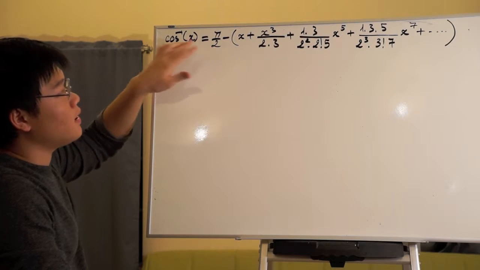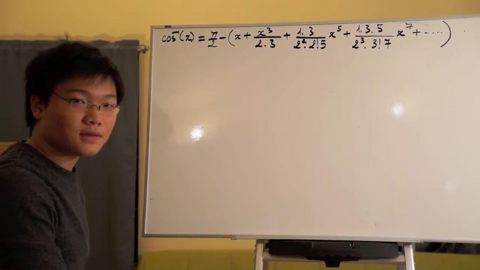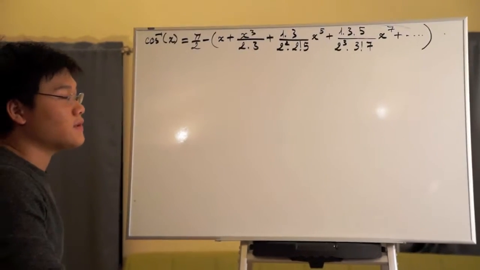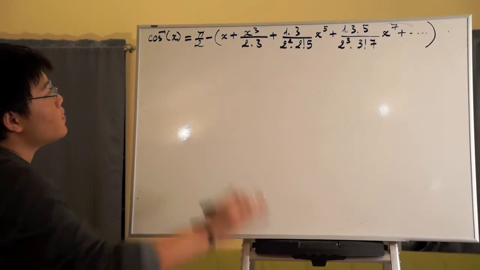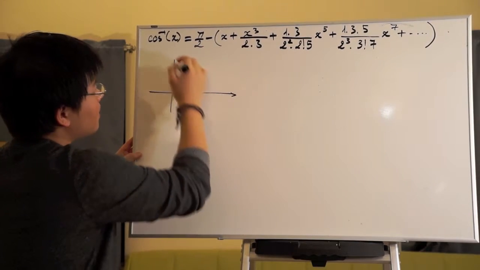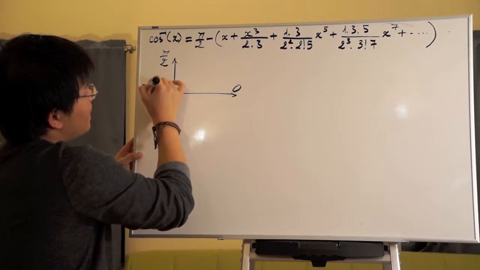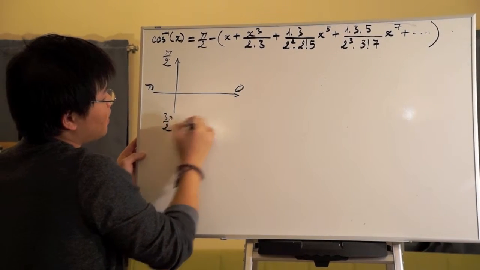Then we can put pi on one side, and the rest is just the formalization of the series. So we have something like this. Let's have a coordinate axis, and here is 0, pi over 2, pi, 3 pi over 2, and 2 pi.